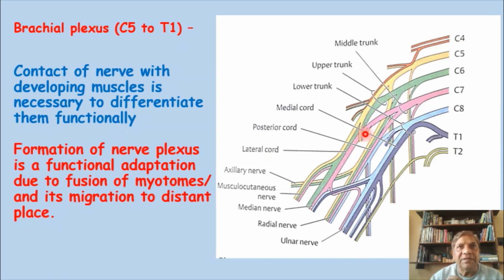A contact between nerve and muscle is necessary to acquire its function, whether flexor, extensor, abductor or adductor. I hope I have given you some idea why nerve plexuses are formed, and why only ventral rami are responsible for the formation of nerve plexuses and not the dorsal rami. Thank you very much for watching this video.